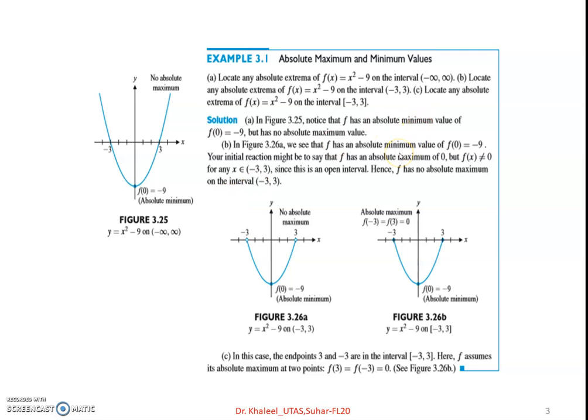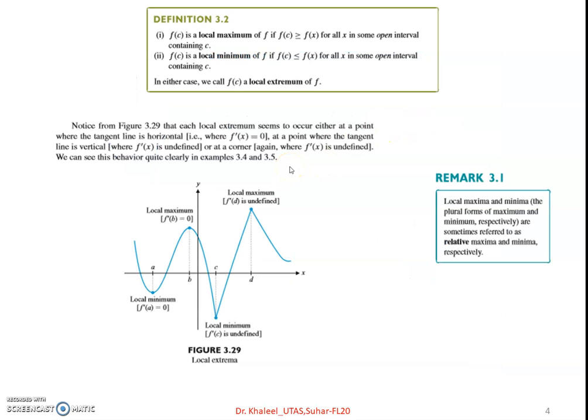So let's say now local maximum and local minimum. The difference between absolute and local is that in the absolute maximum and absolute minimum, we take the entire domain of the function. In the local maximum and local minimum, we take part of the domain.